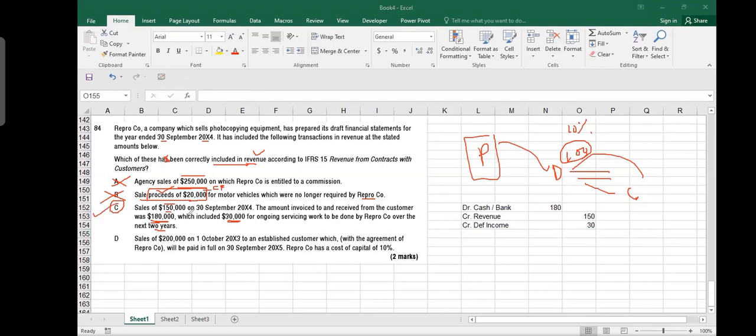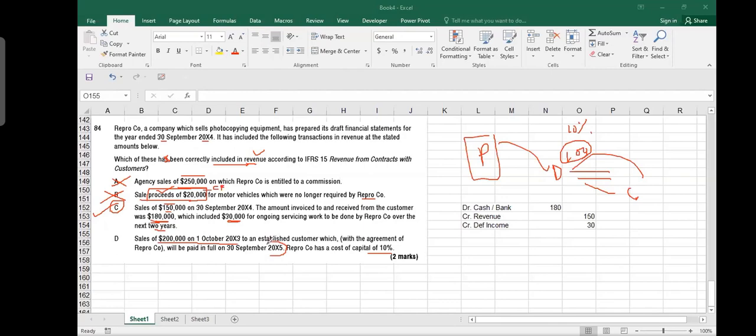Let's first read D also. Sales of 200,000 on 1st October 2003 to an established customer, which, with the agreement of Repro, will be paid in full on 30th September. Repro company has a cost of capital of 10%. So they have sold goods and they are putting 200,000 straight into their revenue, which is not correct because the customer will pay after 2 years.